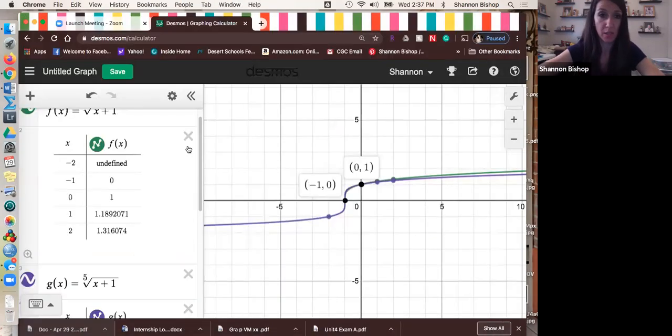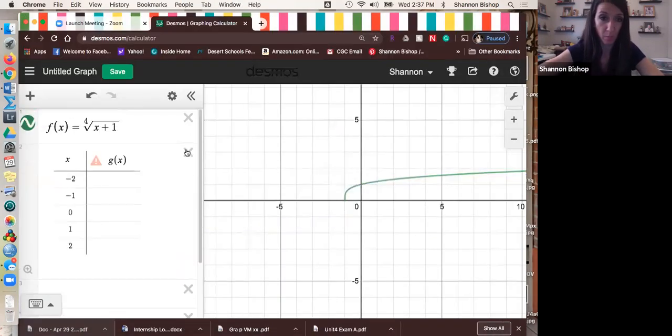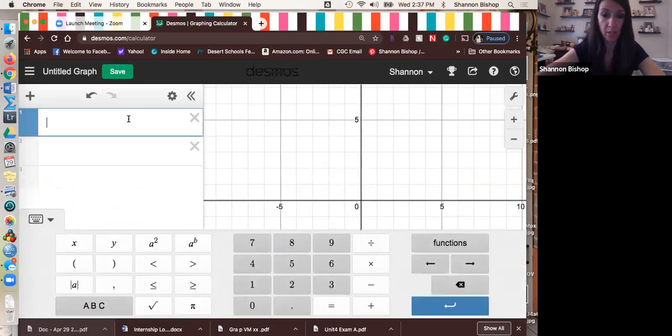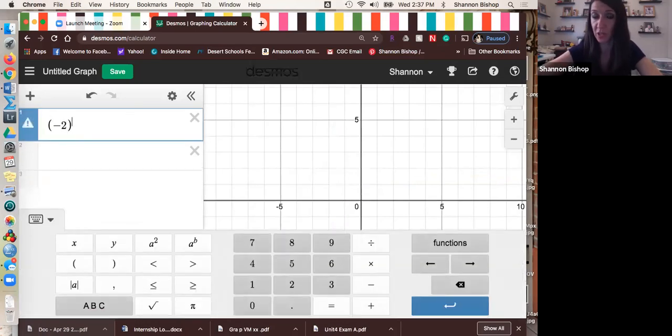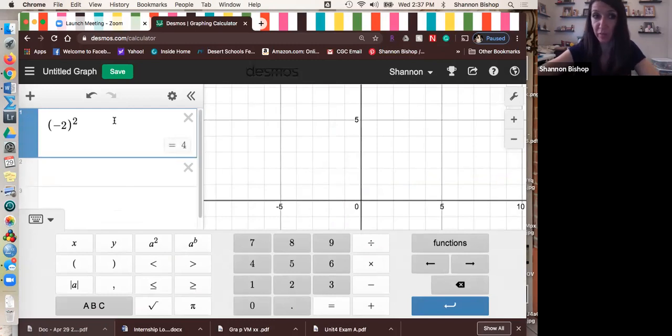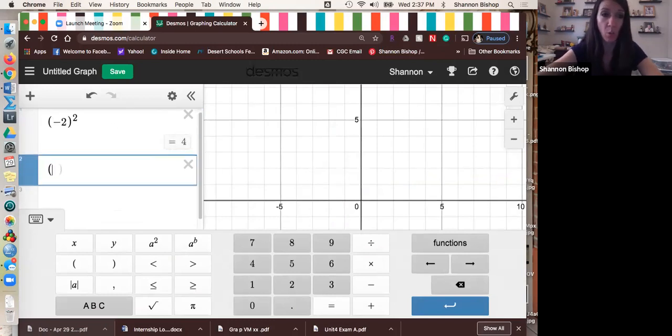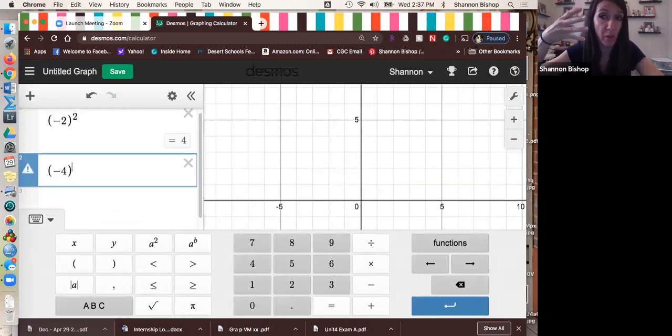What is -2 squared? -2 times -2 is a positive, +4. But what is -2 to the 4th power?